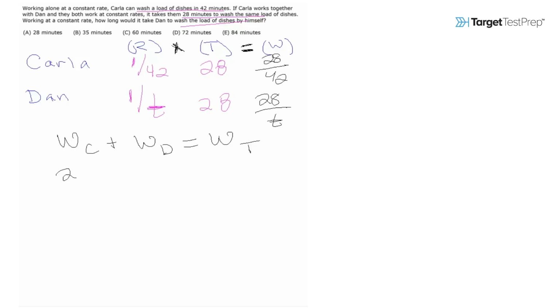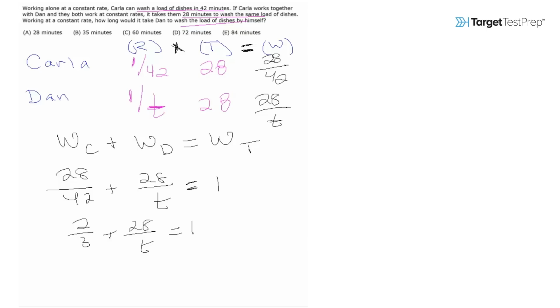So that's 28 over 42 plus 28 over T, and they're doing one job. They're going to do one total job, and that job, of course, is the load of dishes. So this reduces to 2/3 plus 28 over T is equal to 1.